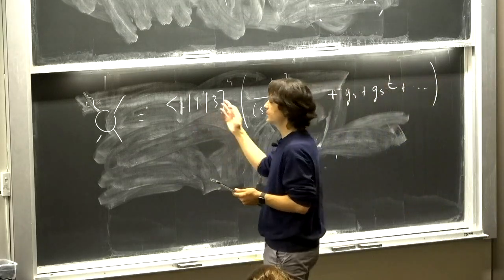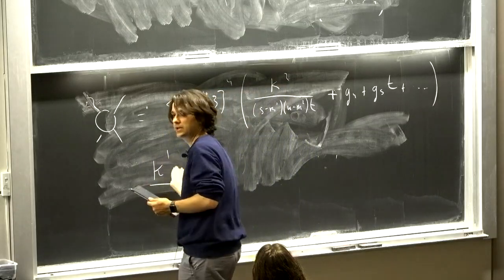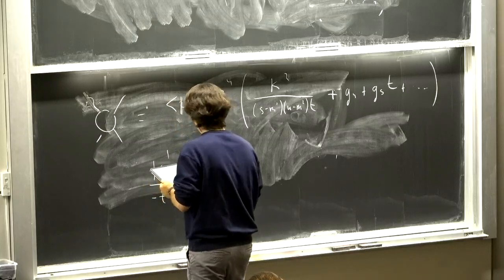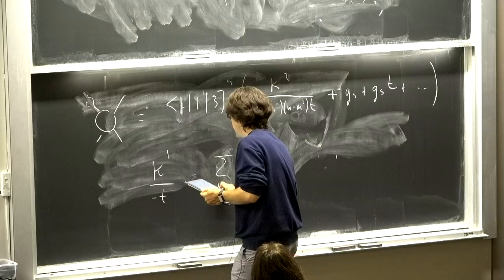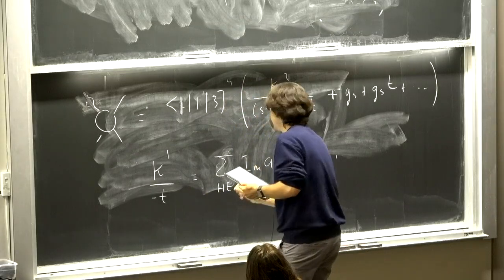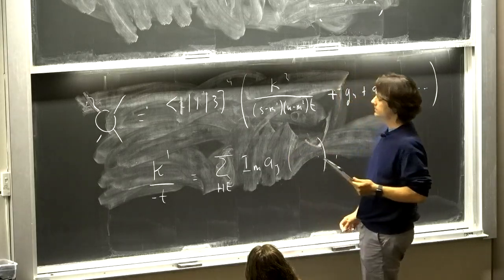Yeah, the leading sum rule from this looks something like this. Just looks like kappa squared, which is G Newton, divided by T, equals this average. So it's basically like a sum over high energy states of these partial waves with some known function here.